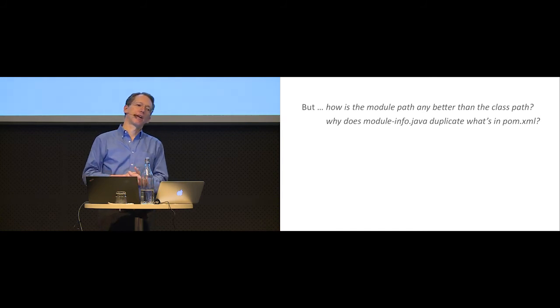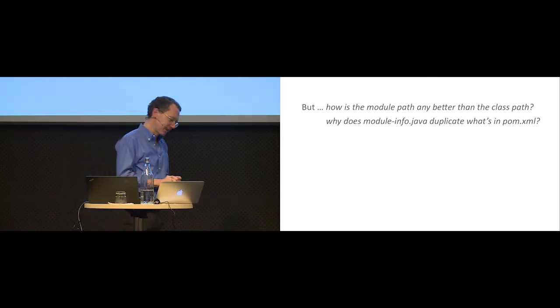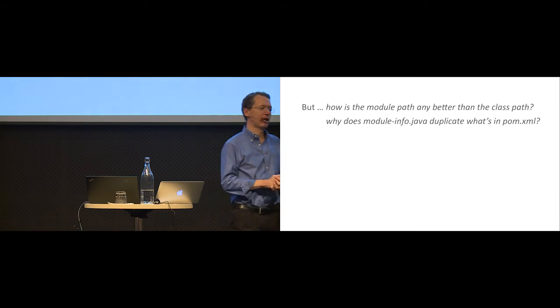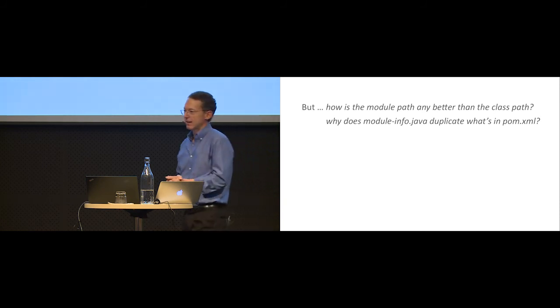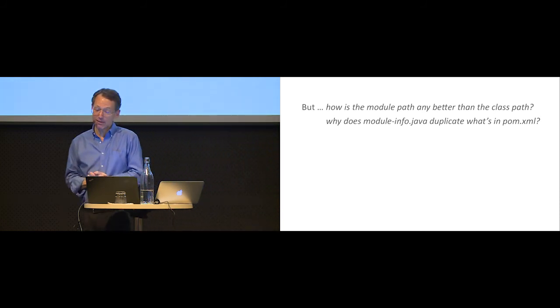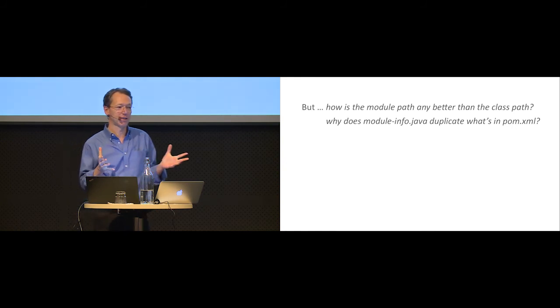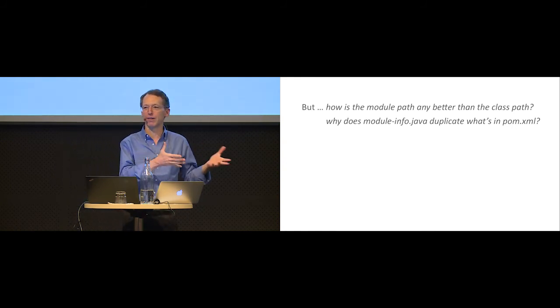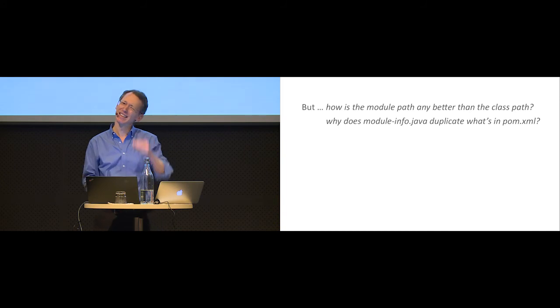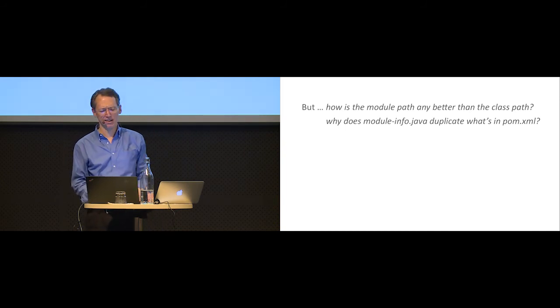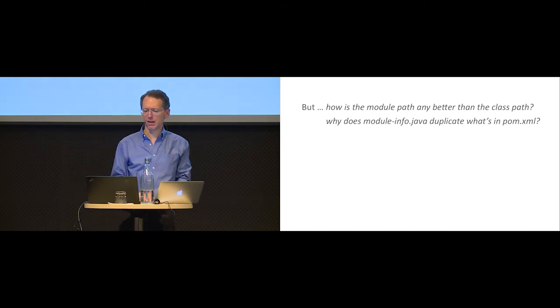Why does module-info.java duplicate what's in pom.xml? At a high level, this is actually a fairly deep question, and a very natural one. You look at module-info.java, you look at the POM that would go with it if you were doing a Maven project, and it's like, gee, there's a lot of redundancy there. That seems painful. It is a little discomforting, but they are solving different problems.